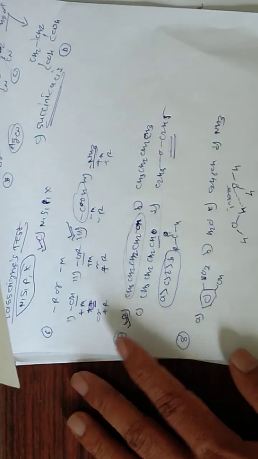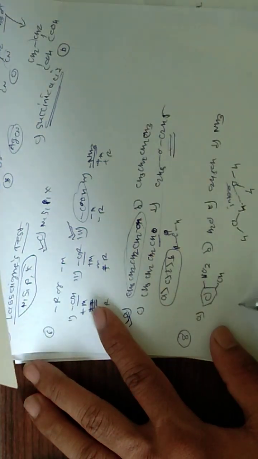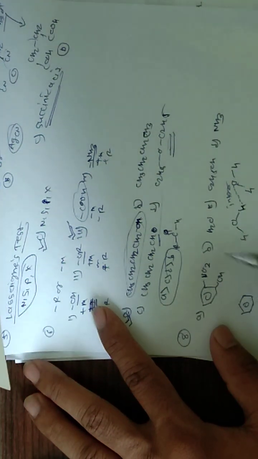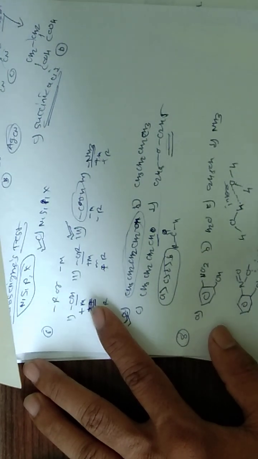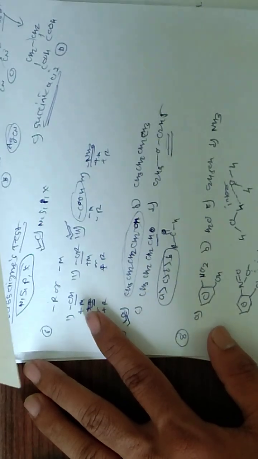And intramolecular means, suppose this orthonitrophenol, N double bond O minus and here OH, this O and this H are in the same molecule, so this type of hydrogen bonding is called intramolecular.